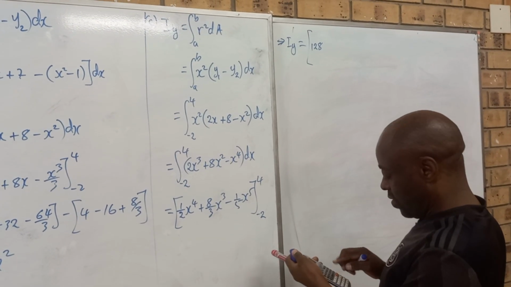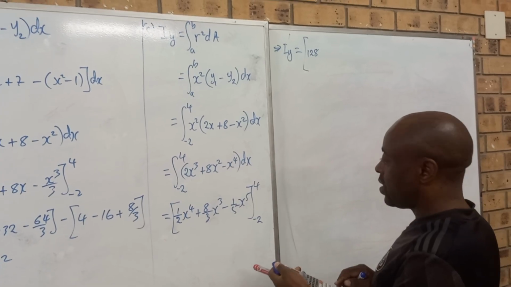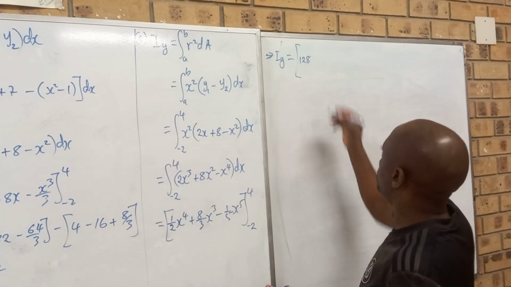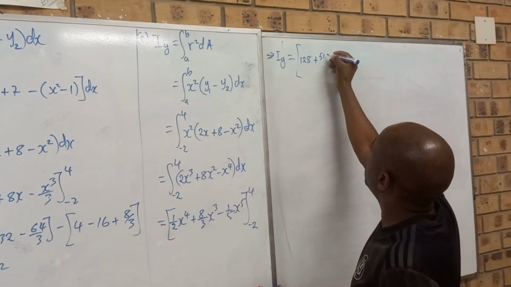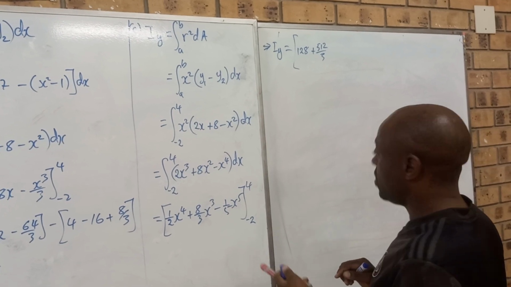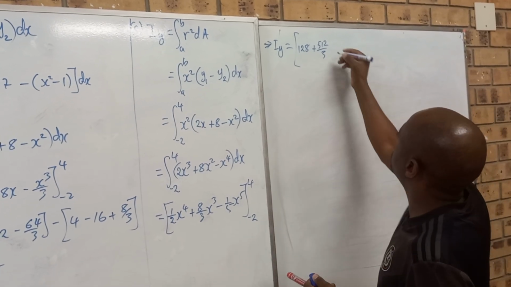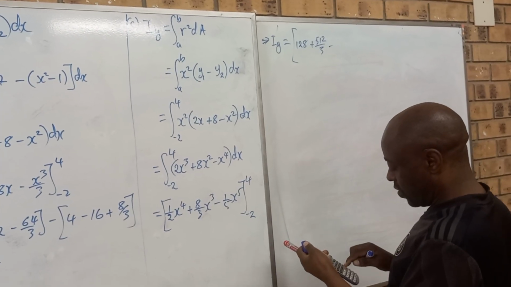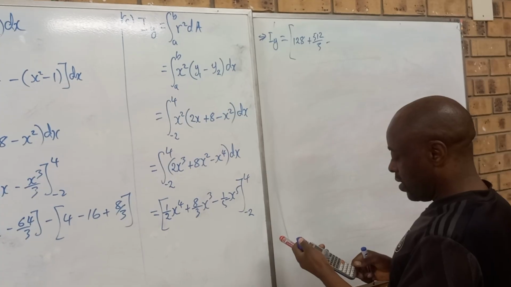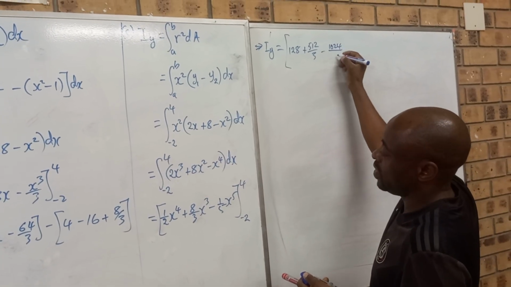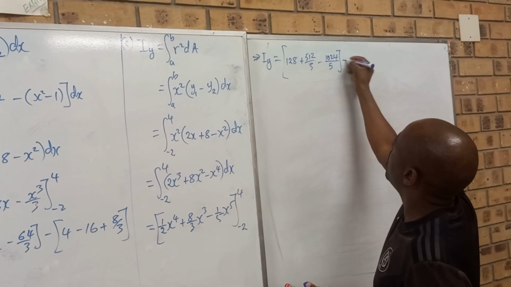So 64 times 8 is 512. So it's plus 512 over 3. Then minus 4 to the power 5. In my calculator it is 1024, which is over 5. So that's my upper limit.